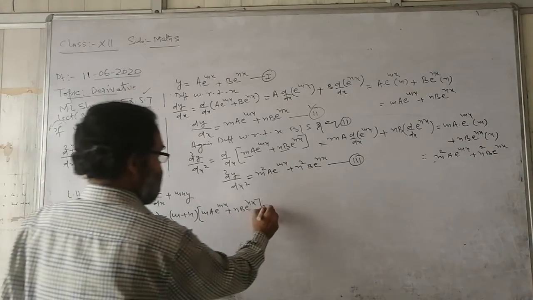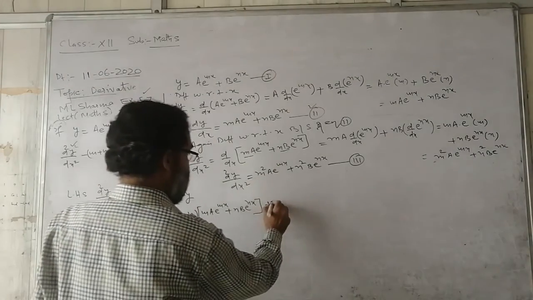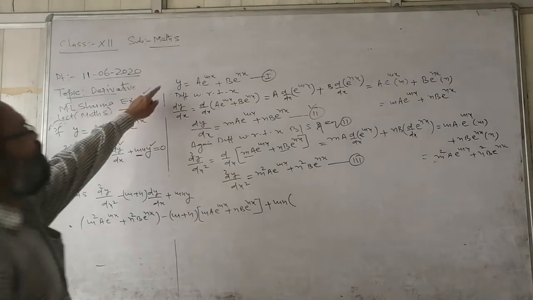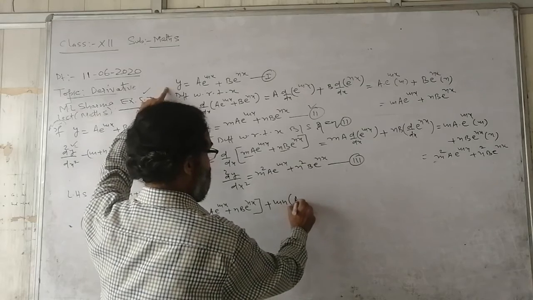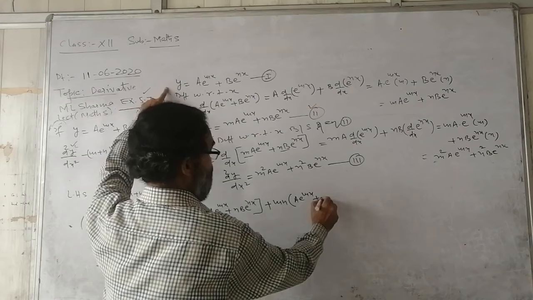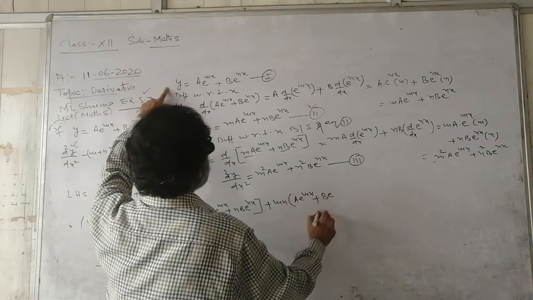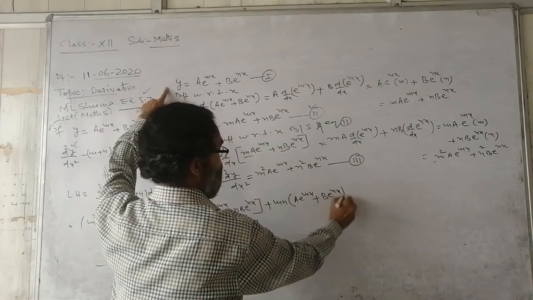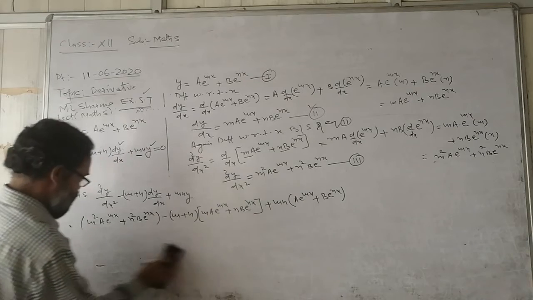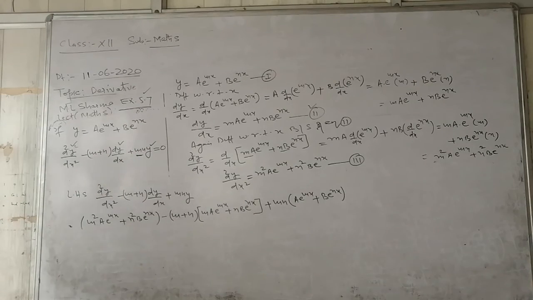Then plus mn times the value of y, which is known to me, I can substitute: a e^(mx) plus b e^(nx). So I have substituted all the values. Now I have to simplify this, and the answer of all these terms will be 0.